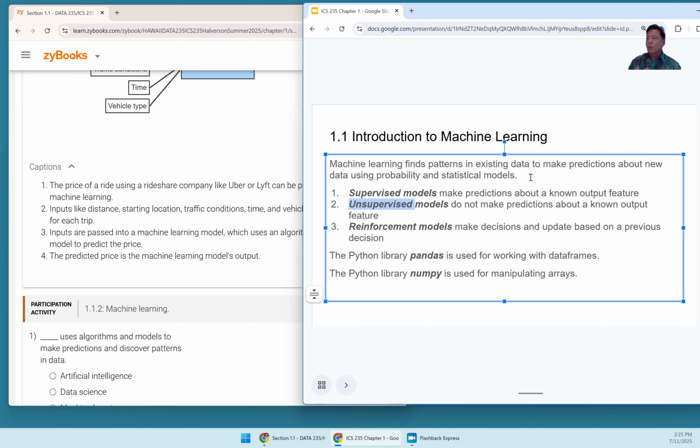You run an unsupervised model, and it's going to say, oh, this looks like an A, this looks like a B, looks like a C, and then you can see what the features are which predict those. And then there's reinforcement models where you make a new decision based on an old decision.